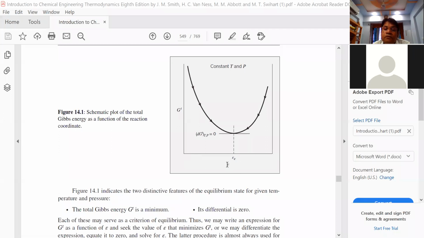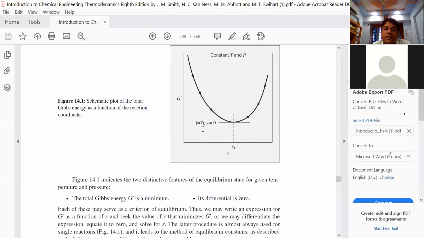The progress of reaction is epsilon, and the total Gibbs energy is on the y-axis. When the reaction proceeds, the Gibbs energy will decrease and reach a minimum, and here the backward reaction will start. Here it is the backward reaction, here it is the forward reaction, and this is the minimum of Gibbs energy.